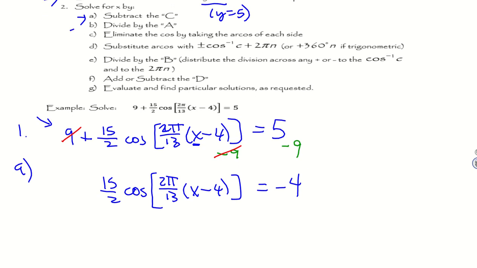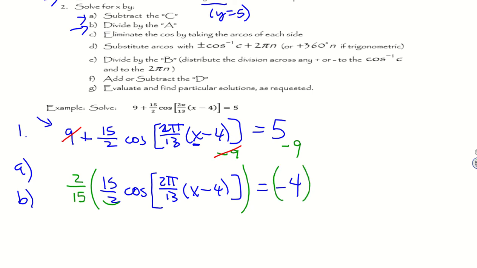Step B is to divide by the A. So my A is 15 halves, and I can divide by A, or I can multiply by the reciprocal. And I think because it's a fraction, that's going to be easier, so I'm going to take both sides of the equation, this is my B step, and multiply by the reciprocal of 15 halves, which is 2 over 15.